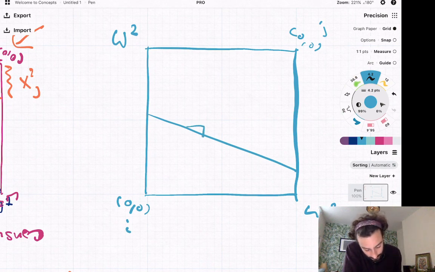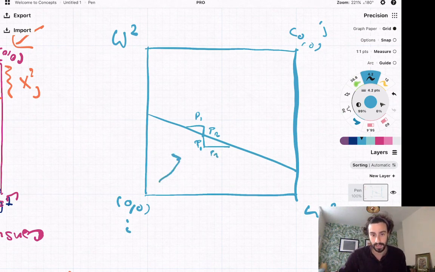This is P2 over P1. But notice that if we flip the whole thing, we can look at the same thing here. The slope is also P1, P2, right? So the slope represents both the rate of exchange from this perspective, looking at consumer I, and also this perspective, looking at consumer J.